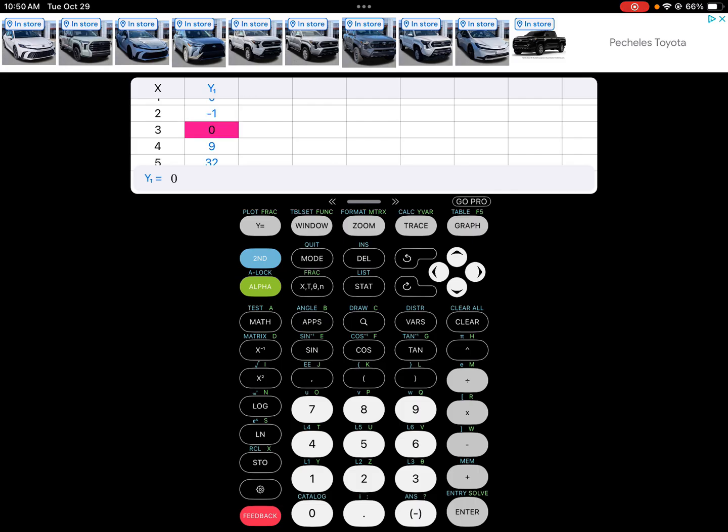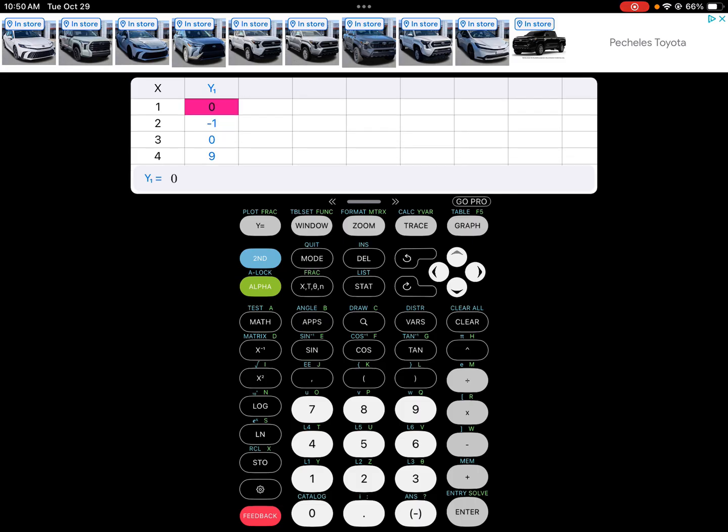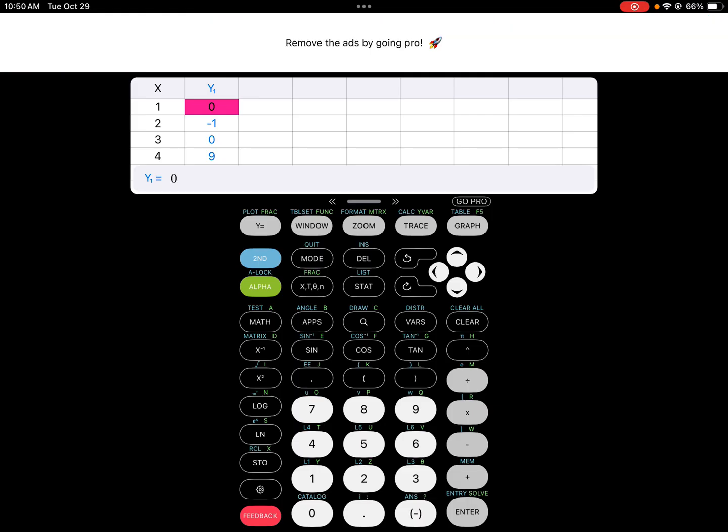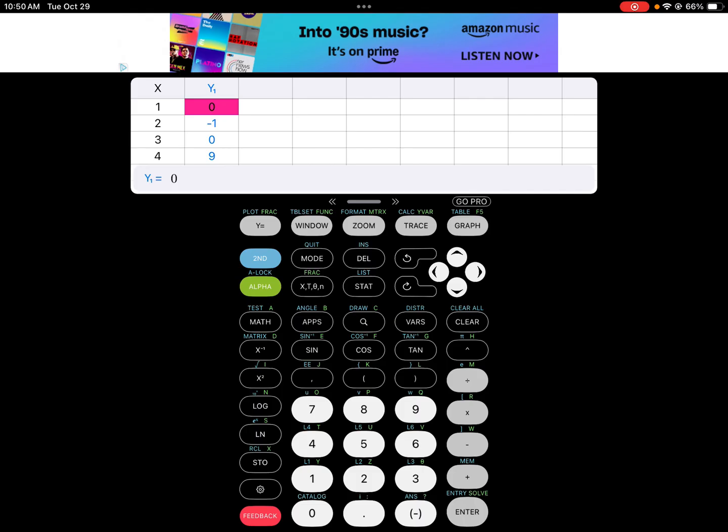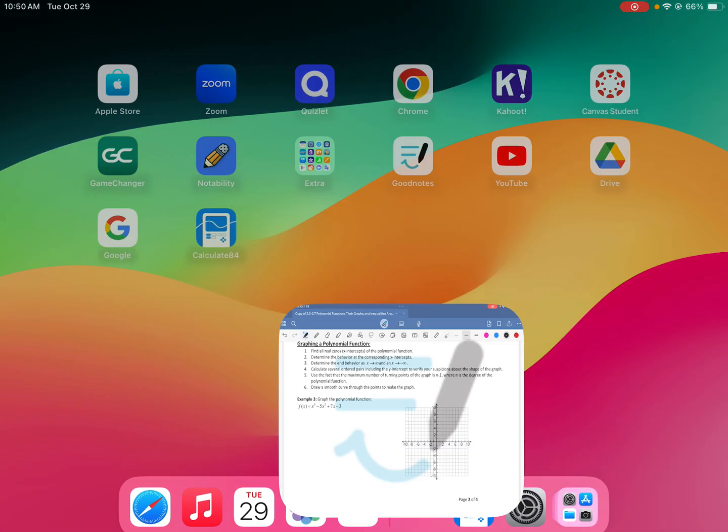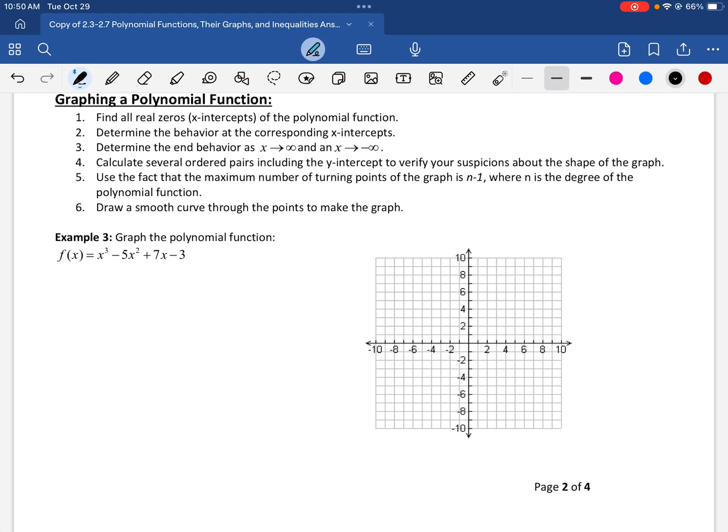So I can see there that I have one that's at 3, 0, and I can have one that's at 1, 0. So I have 2 x-intercepts that I know of, 1, 0 and 3, 0. So x equals 1 and x equals 3.